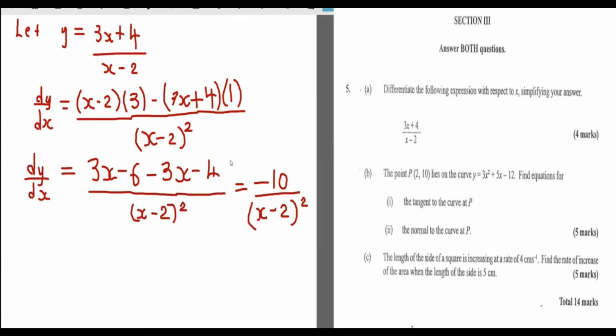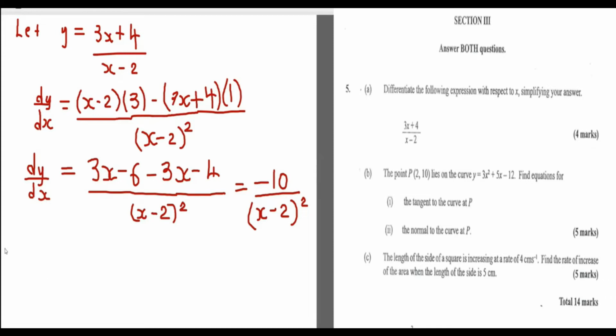Now let's look at the next part of the question. The next part of the question says the point P lies on the curve y equals 3x squared plus 5x minus 12. It says find the equations of the tangent and the normal at P. All right, and so let's do that.